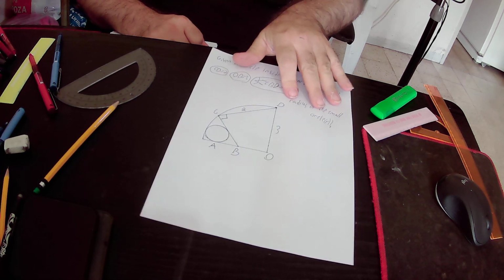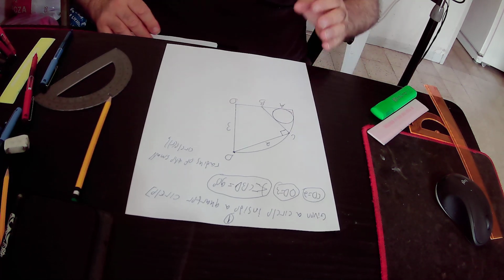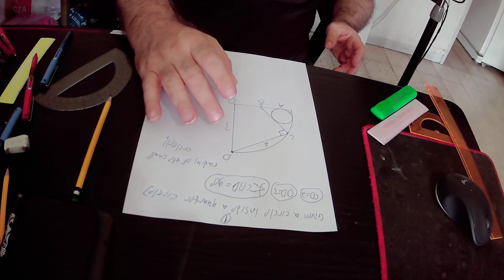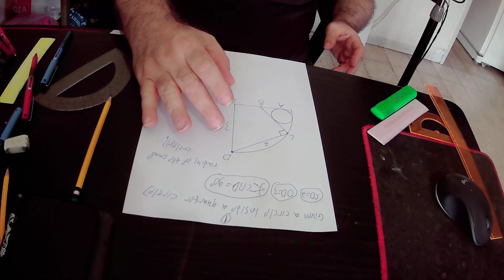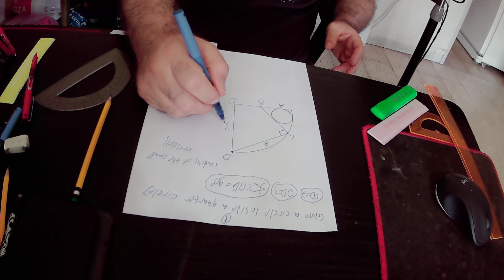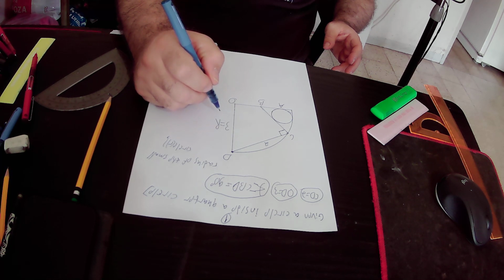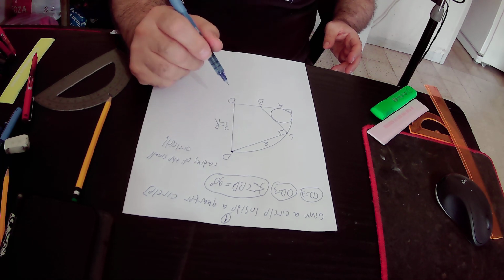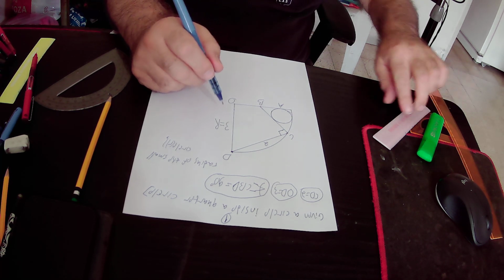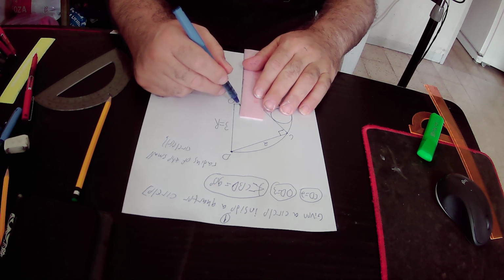Okay, so first of all, in a quarter circle, OD is the radius of this quarter circle, so it will be equal to capital R. R is the radius of the quarter circle, and also angle BOD must be a right angle.